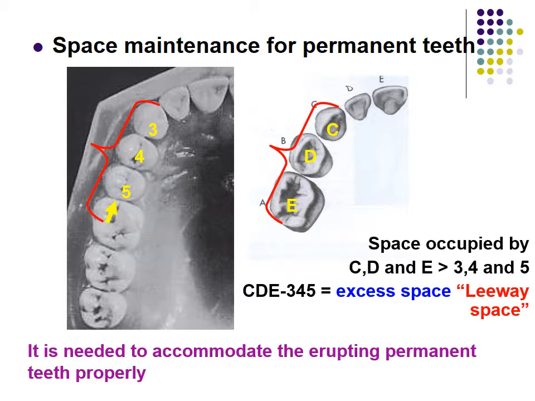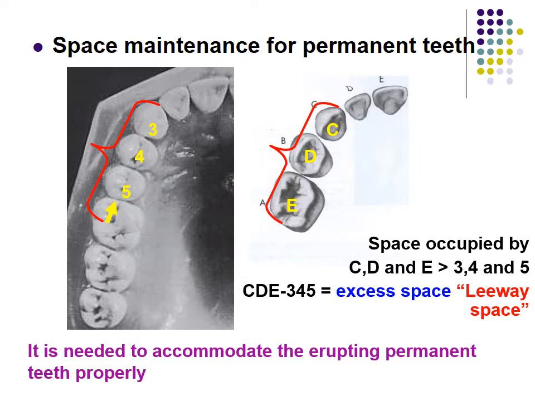Further, it maintains the space for permanent teeth by having leeway space. In these two pictures, in deciduous dentition and permanent dentition, you can see the occupying length of the C, D, E is greater than the occupying length of the 3, 4, 5 in the dental arch.